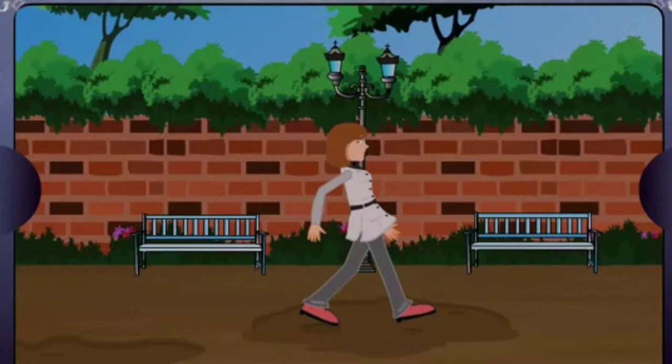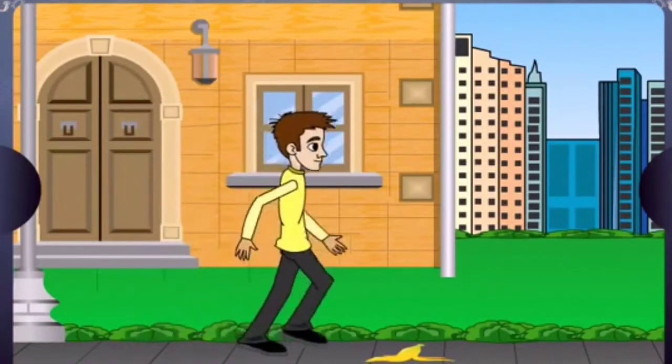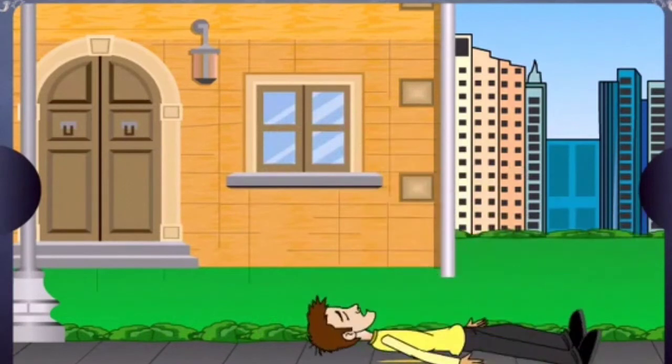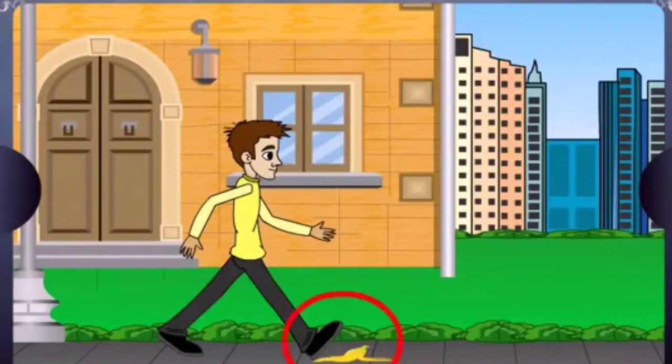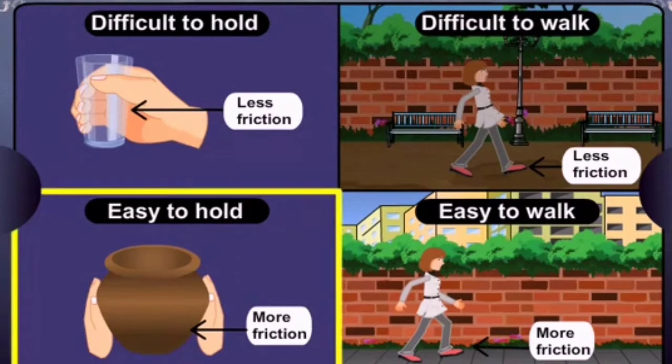You must have also experienced that you slip when you accidentally step on a banana peel. This happens because the friction is less when the surface is smooth. Thus, from these experiences, we understand that friction is necessary to hold an object as well as to walk.